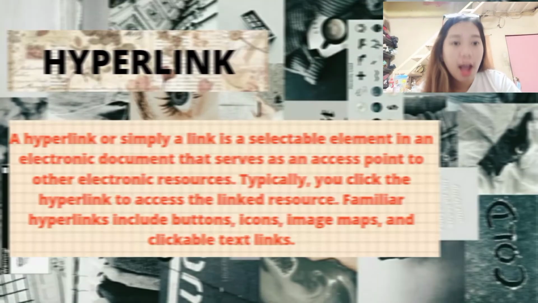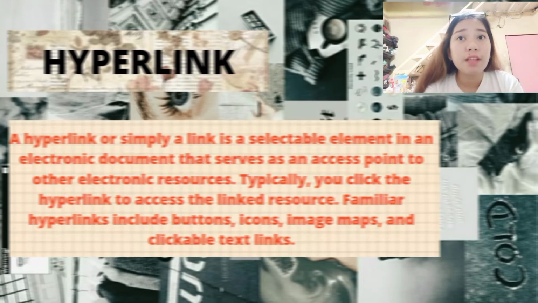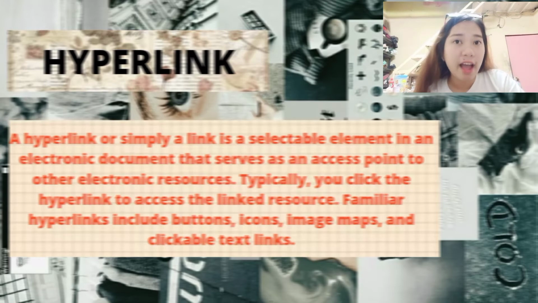Next is hyperlink. A hyperlink, or simply a link, is a selectable element in an electronic document that serves as an access point to other electronic resources. Typically, you click the hyperlink to access the linked resource. Familiar hyperlinks include buttons, icons, image maps, and clickable text links.